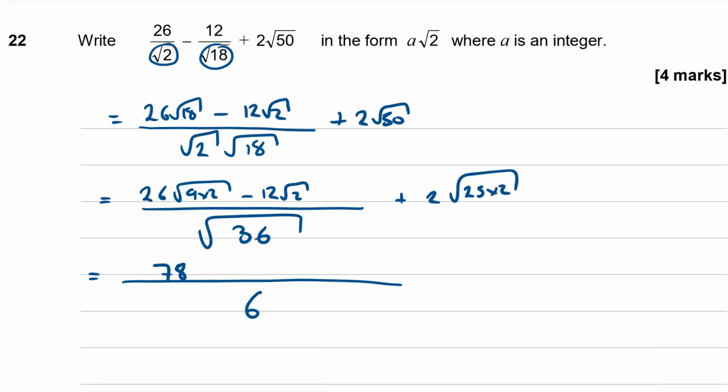So 78 root 2 minus 12 root 2 plus, we can do something similar with this 25. I can break root of 25 times 2 into the root of 25 times the root of 2. The root of 25 is 5, so 2 times 5 is 10, so that becomes 10 root 2 there.